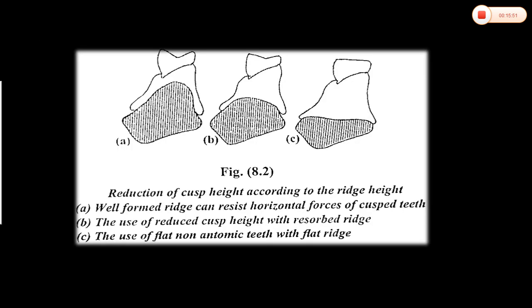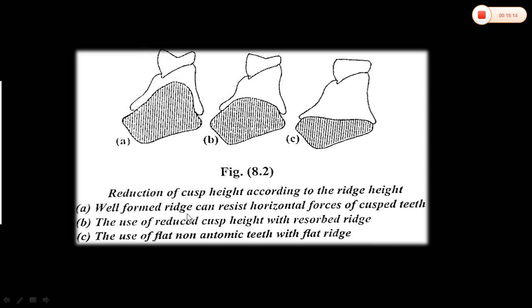See this. This is the cross section of the residual ridge, denture base and the teeth. If you have a good, well formed residual ridge, we can give cuspal teeth.